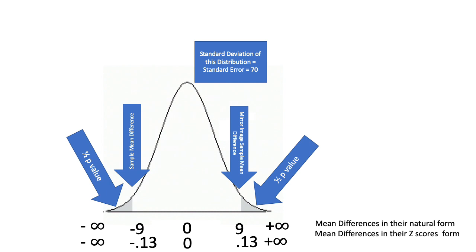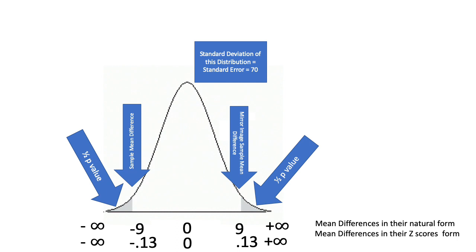But mainly these two number lines are very similar. They have a lower limit of negative infinity, an upper limit of positive infinity. The middle of the distribution is 0. The only thing that changes is I'm converting my mean difference and its mirror image into its z-score and its mirror image z-score.